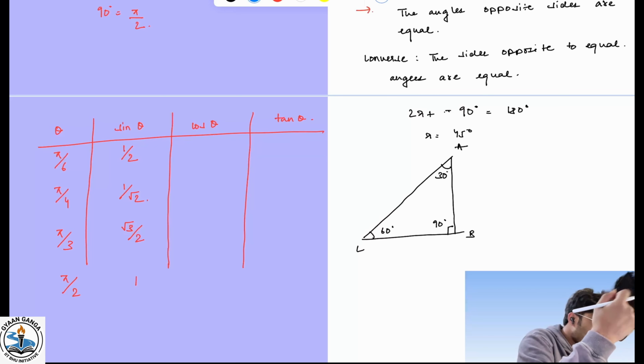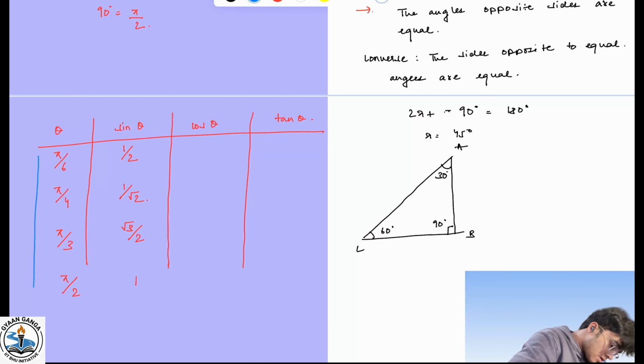Basically what I mean by an increasing function is that as you increase the input, because obviously 30 is less than 45, which is less than 60, and which is less than 90, consequently the output of this function increases.